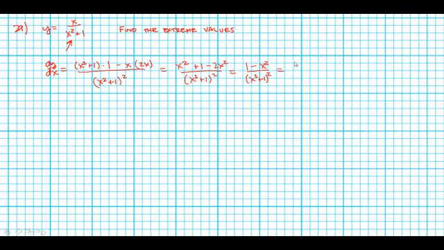And if we do a little bit more factorization, this factors as (1 minus x)(1 plus x) over (x squared plus 1) quantity squared, meaning that we have critical values, or critical points, at x equal to 1 and x equal to negative 1.